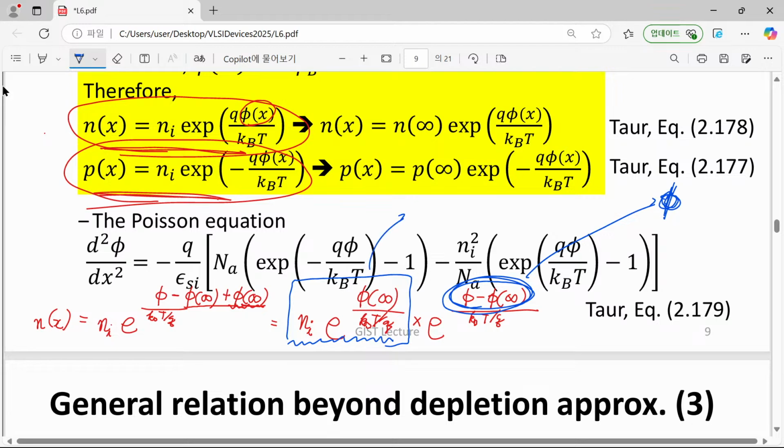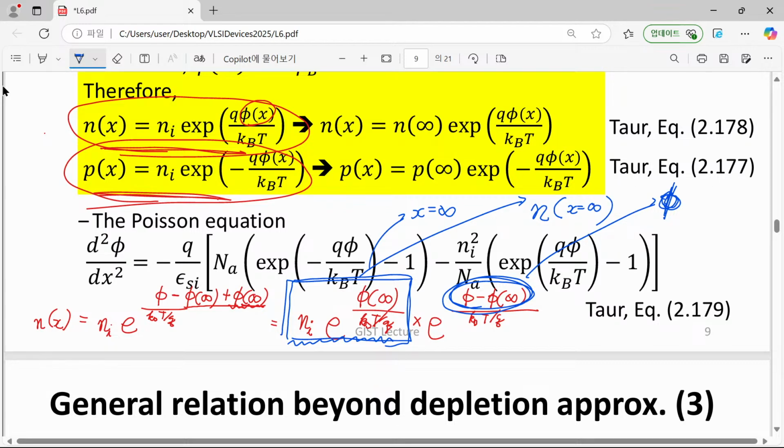Measured at x equal to infinity. Where can you find x equal to infinity? Deep substrate. Simply speaking, this boxed quantity is nothing but the electron density which can be found at the deep substrate. So this becomes the electron density at x equal to infinity.